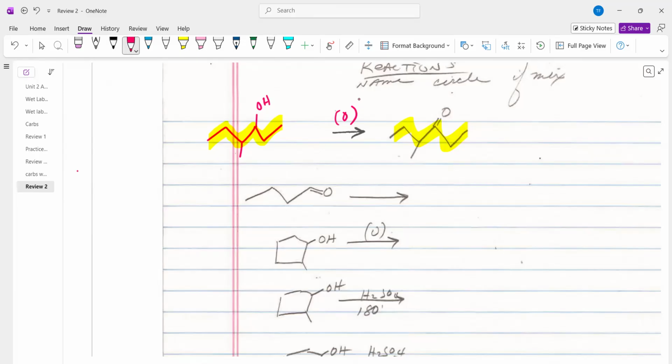So this is going to be a 2-hexanol, 3-methyl.